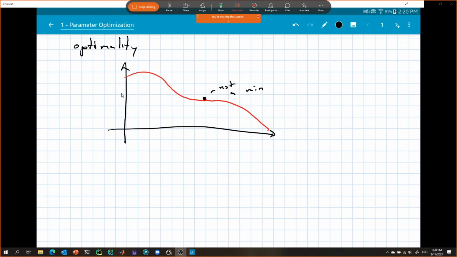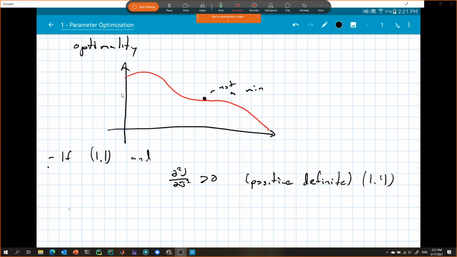And then if 1.1 holds and the second derivative is positive definite, say this is 1.4, then you have sufficient conditions of optimality.